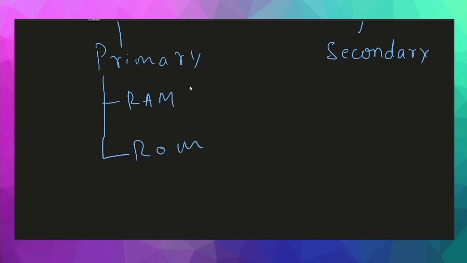Now RAM, what is RAM? RAM is random access memory. This is where the processor temporarily stores the information after it is processed. So why is it called random access memory?